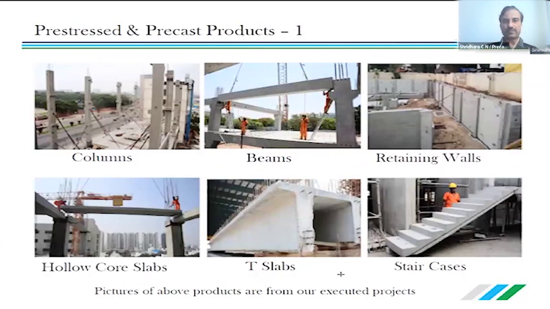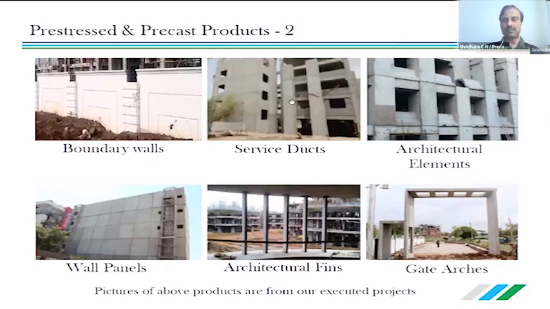Normally, what are the precast products available in the market? Precast columns can be done, even prestressed precast beams can be done, even retaining walls, even slabs. Hollow core slab is there, solid slab is there, and they can be produced in precast prestress technology. Even double T slabs can be done, staircases, even boundary walls, service ducts, and any architectural elements like curved elements or any type of elements can be produced.